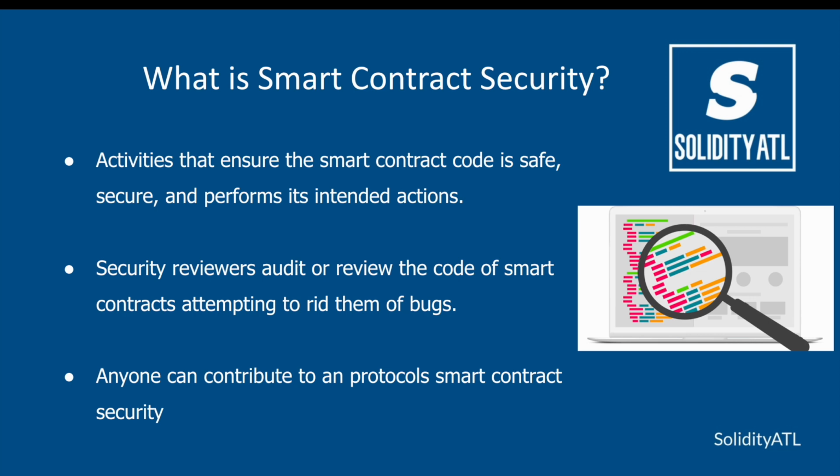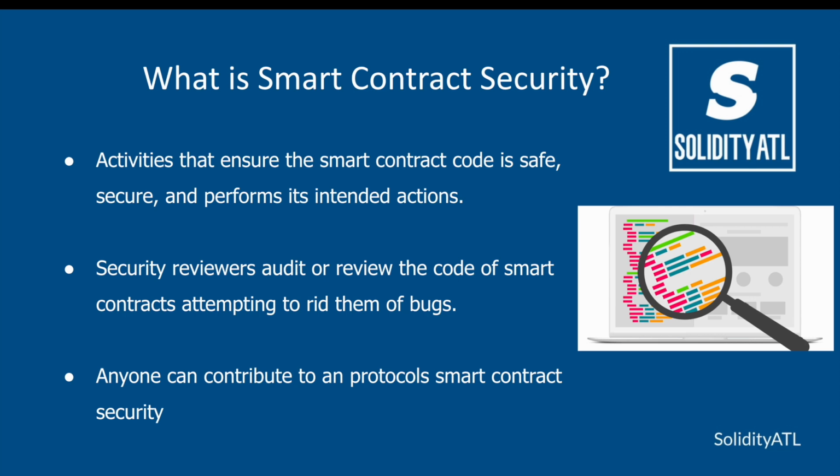Next, we want to talk a little bit more about security reviewers. Security reviewers or auditors audit or review this code of smart contracts, attempting to rid them of bugs, making sure invariants are checked for, and like we said, that this code does what it's intended to do.